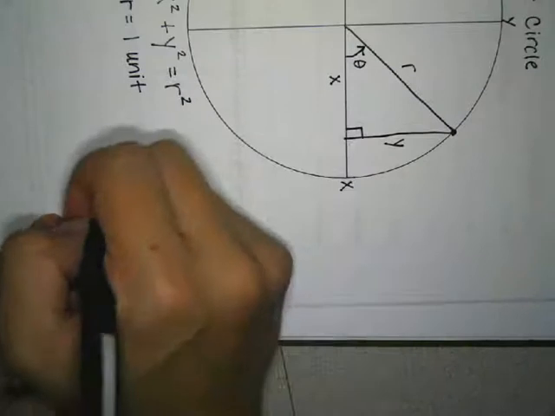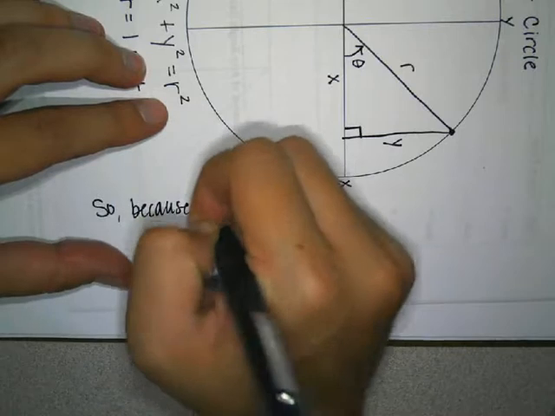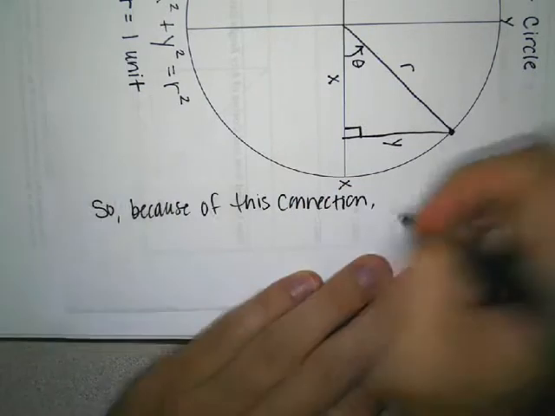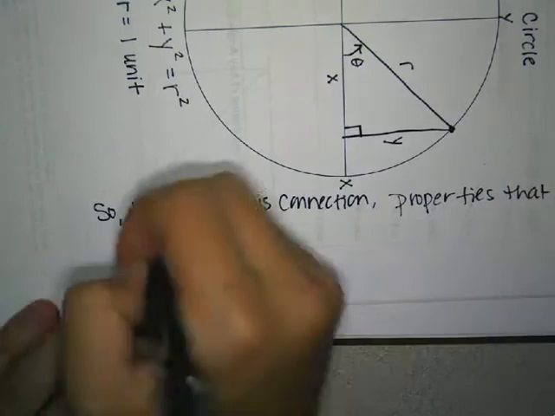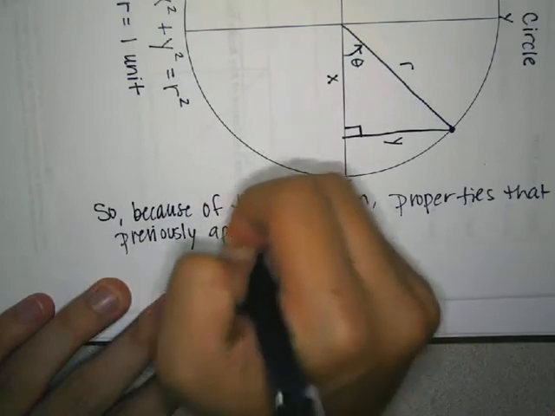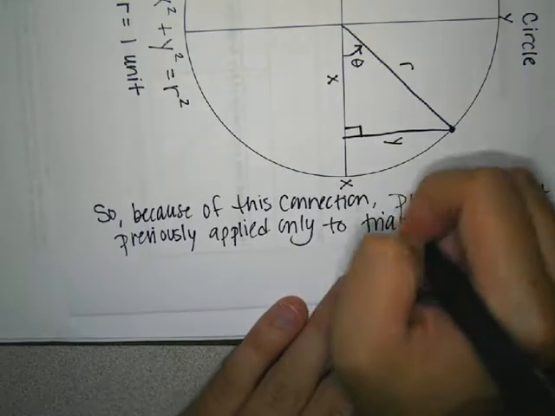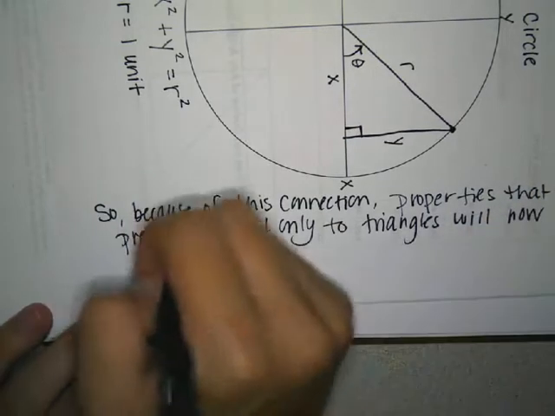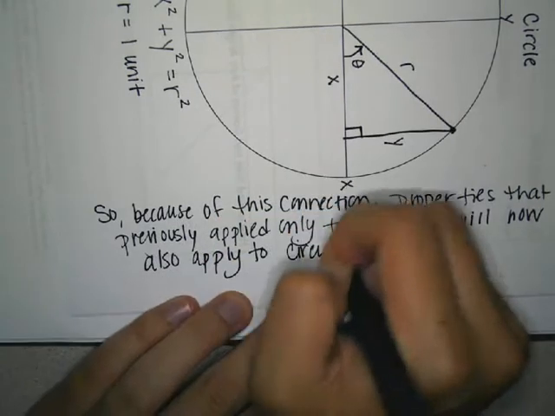So, because of this connection, properties that previously applied only to triangles will now also apply to circular functions.